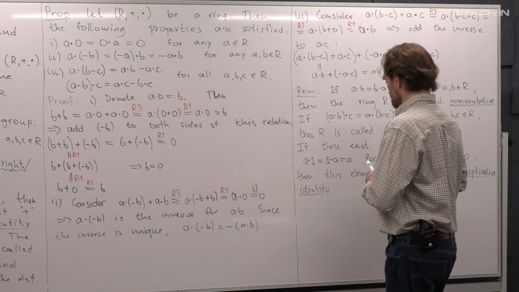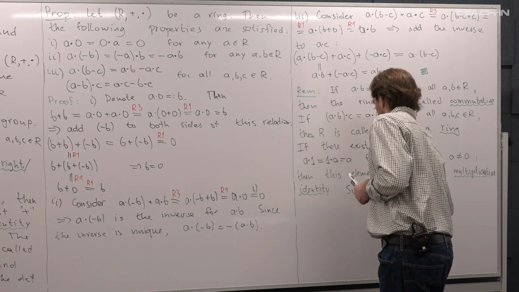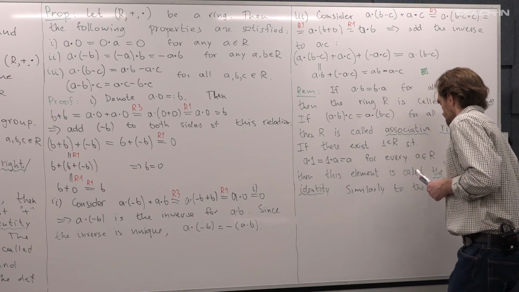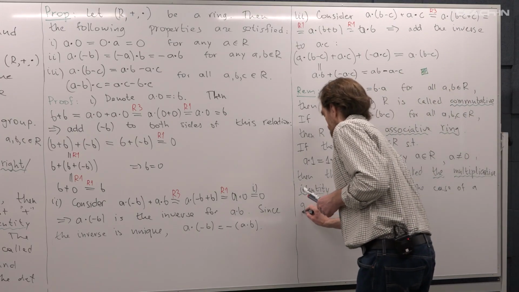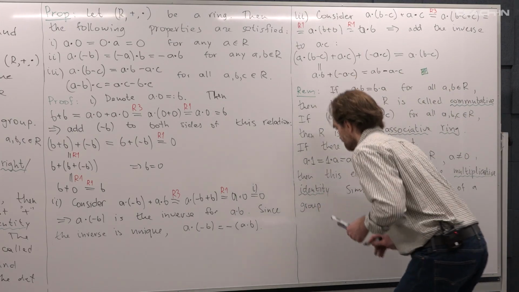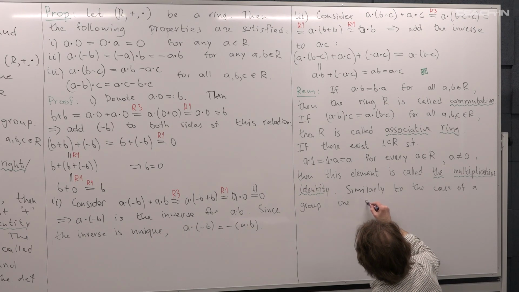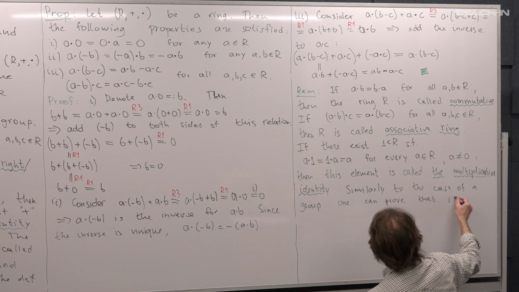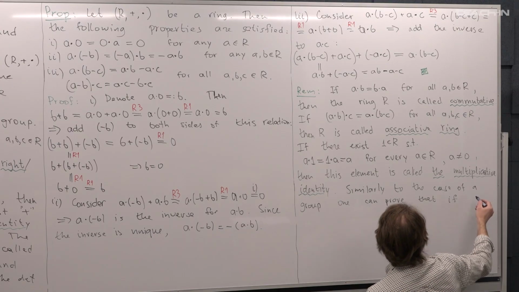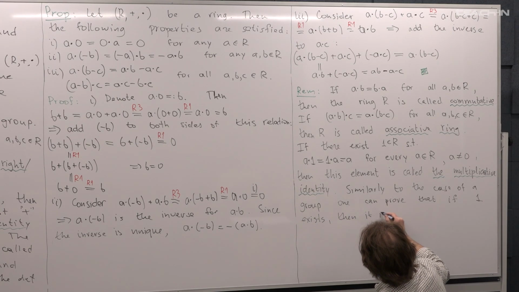Similarly to the case of a group, one can prove that if this multiplicative identity exists, then it is unique.